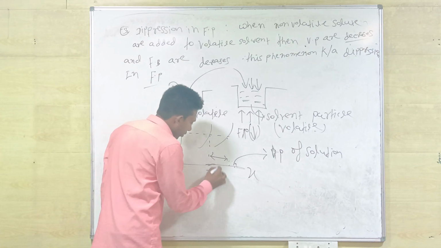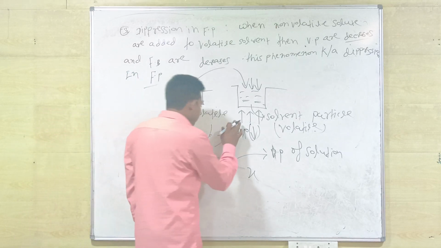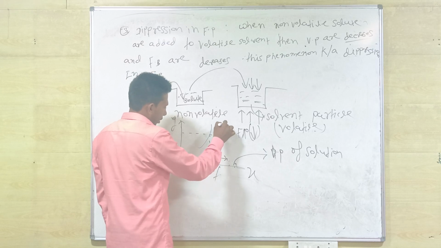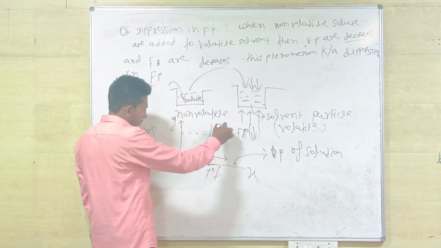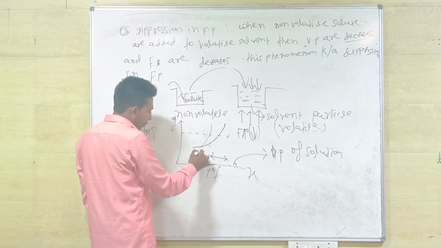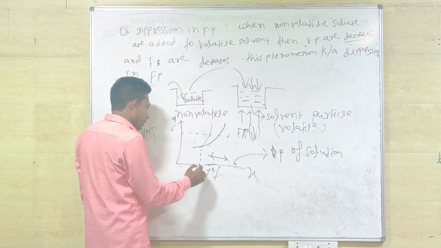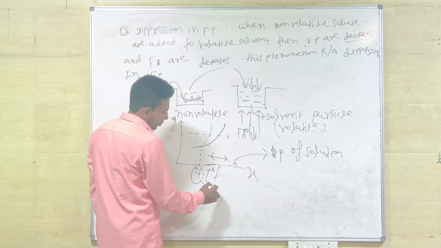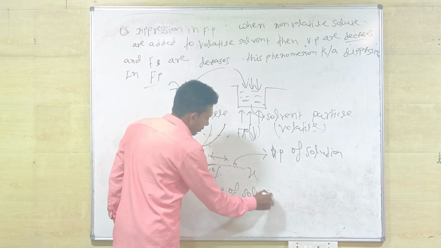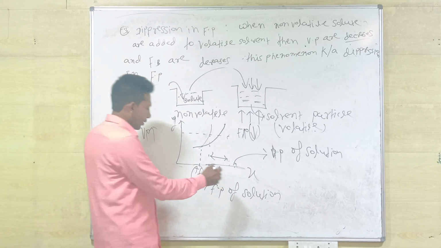So this one is T naught F for the pure solvent, and on adding a non-volatile solute, the temperature will decrease, and this one is TF, the freezing point of the solution, just like elevation in boiling point.